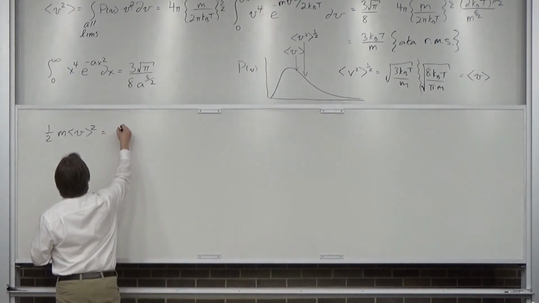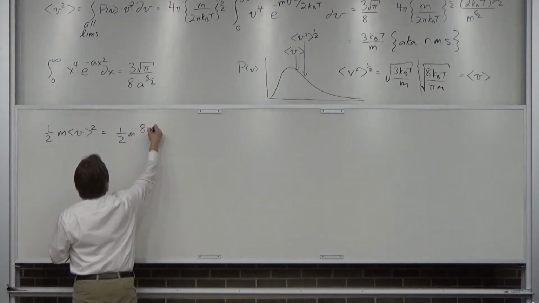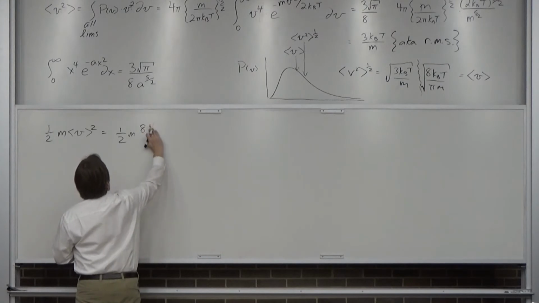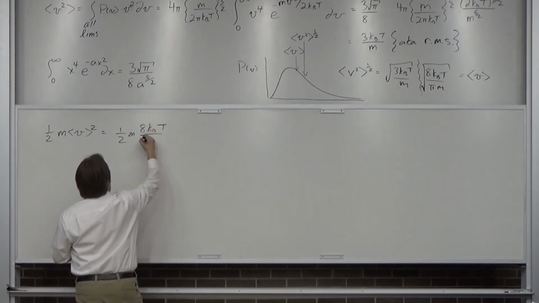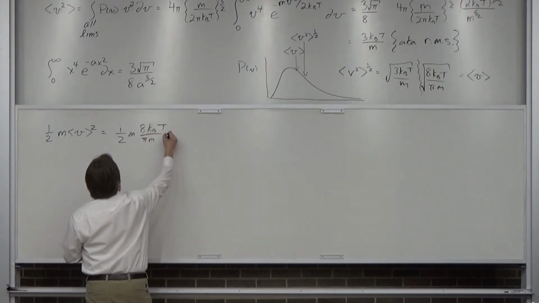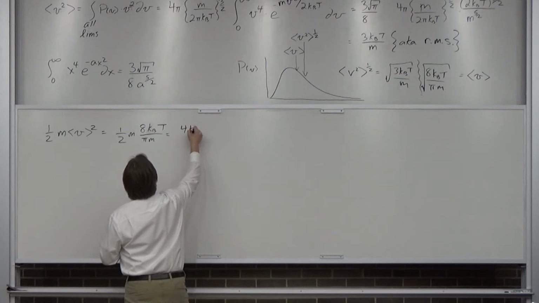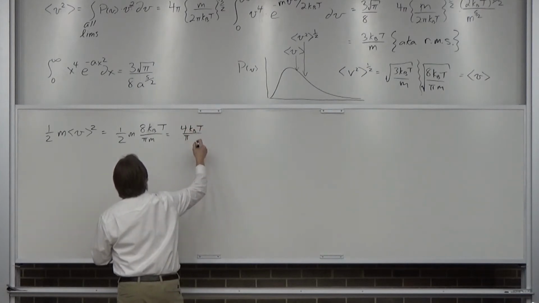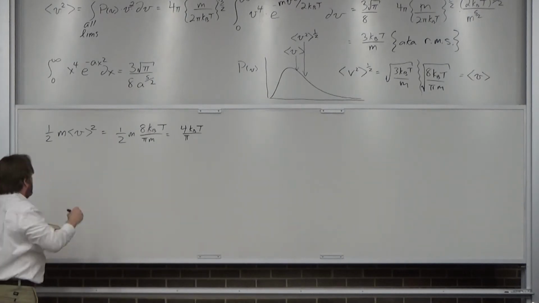That would be 1/2 m times 8 kBt over pi m, so that is 4 kBt over pi. Is that right? Yeah. Okay. So whatever.